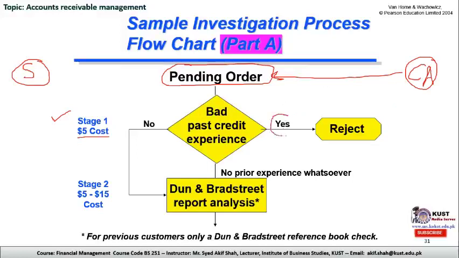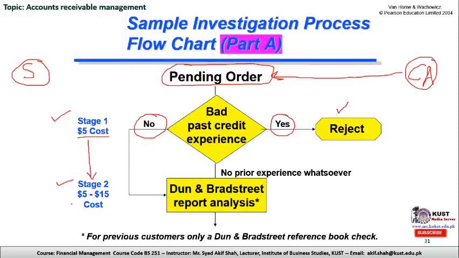So if there is any bad experience in the past, this pending order will be rejected. However, if there is no bad experience after checking the past dealings with this credit applicant, we move to stage number 2 to investigate the credit applicant.